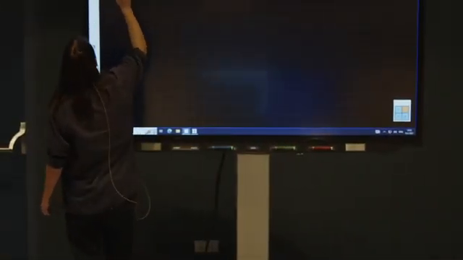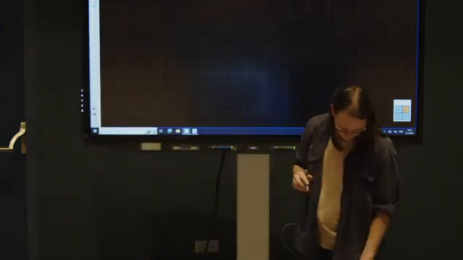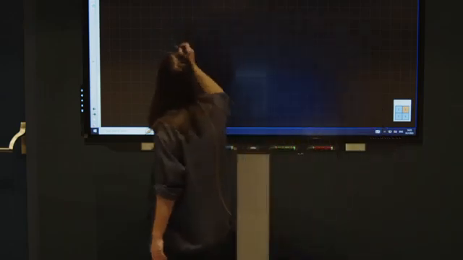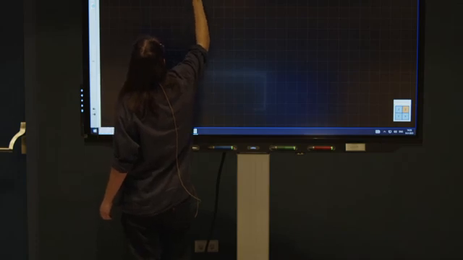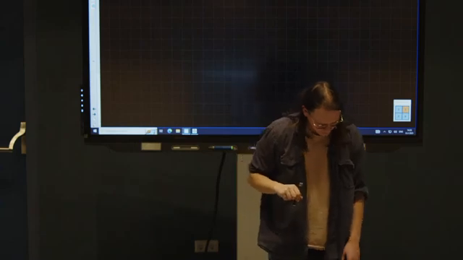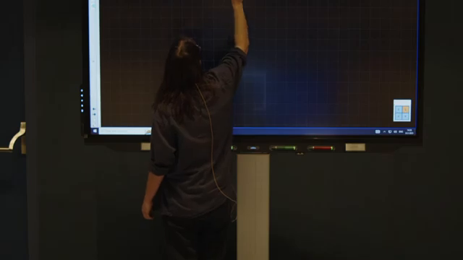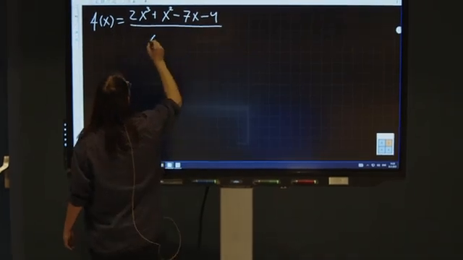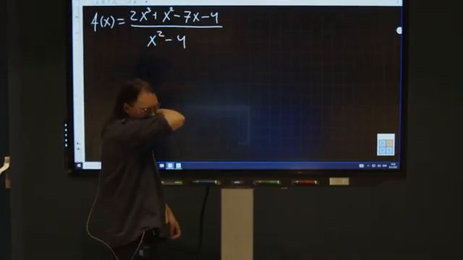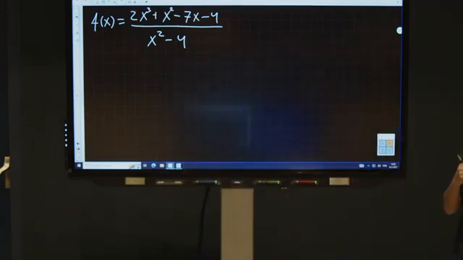Right, so here's the function that we're going to look at. And this is what we call a rational function. So a rational function is a quotient of polynomials, right?